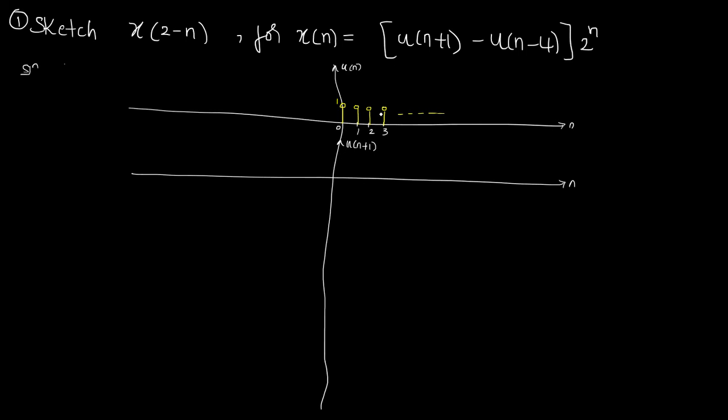Simply shift the entire u of n signal towards the left side by 1 unit. 0 will go to minus 1. Whatever sample is present at 1 will come at 0. Whatever sample is at 2 will come at 1.